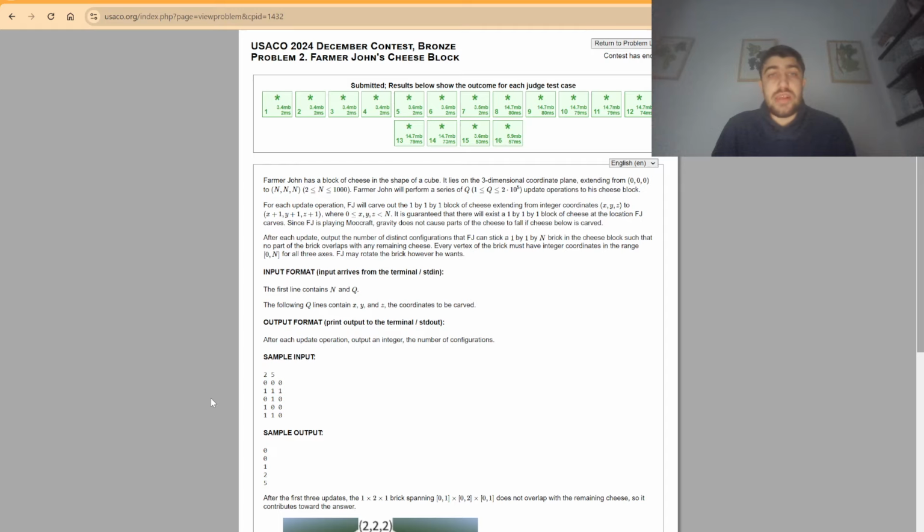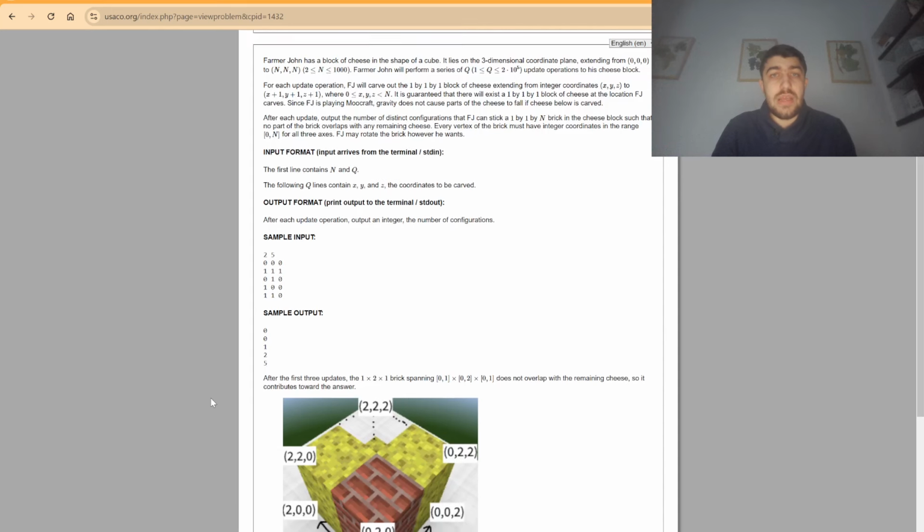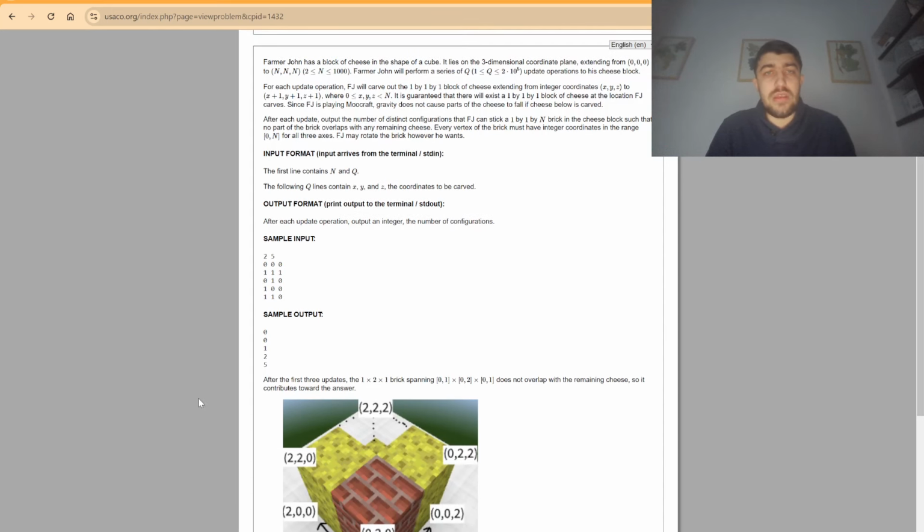In this problem we are given a block of cheese in the shape of a cube, and this cube is quite big, has 1000 cube squares. And basically, during each day, the farmer will carve out the one by one block of cheese extending from the coordinates x, y, z to x plus 1, y plus 1, z plus 1.